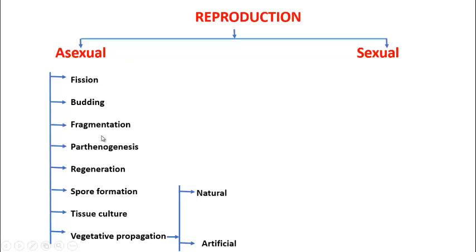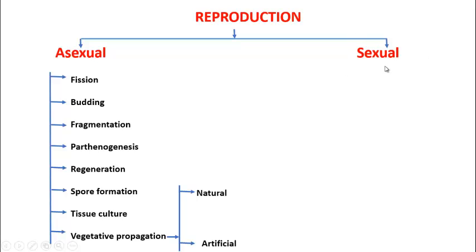Fission, budding, fragmentation, parthenogenesis, regeneration, spore formation, tissue culture, vegetative propagation. In vegetative propagation, again there are two types: natural vegetative propagation, artificial vegetative propagation. So we shall see about these methods one after the other in the next coming up videos. Got it, students? So after finishing asexual reproduction, we shall go to sexual reproduction in human beings.